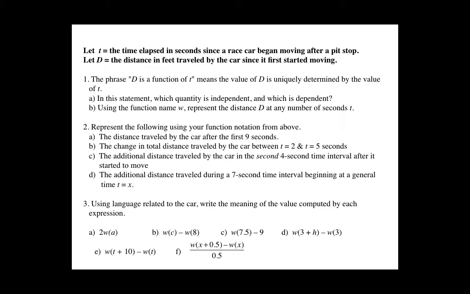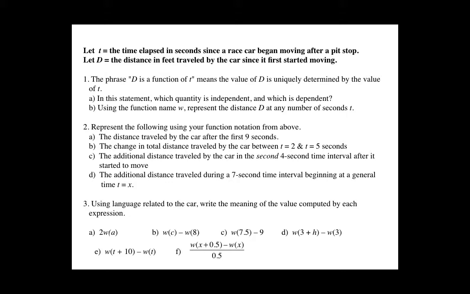Now, thinking about that, the distance traveled by the car after the first 9 seconds, part A, there's another way that we could write this, because it is actually a change in total distance, where we just happen to have known one of the values, so maybe didn't even think about it. What could I subtract from this and it would be the same? Yeah, W of 0.